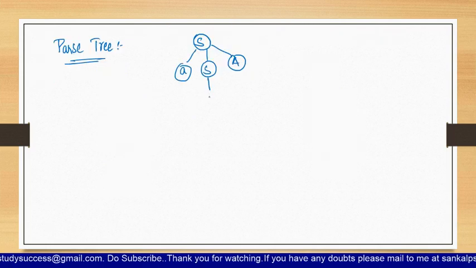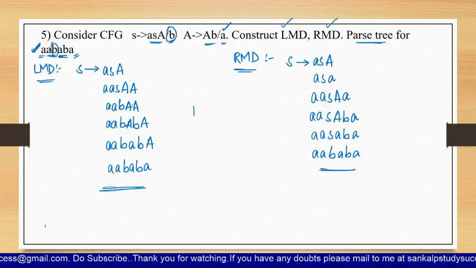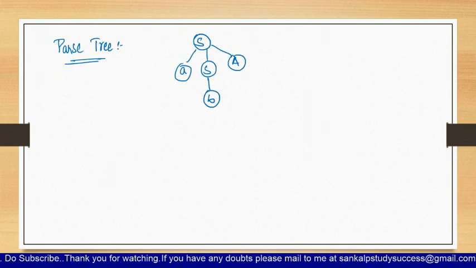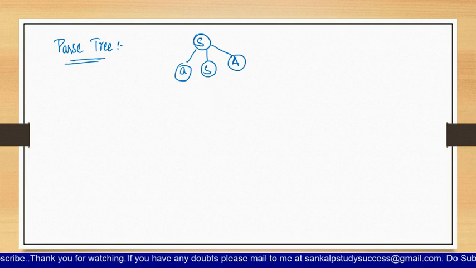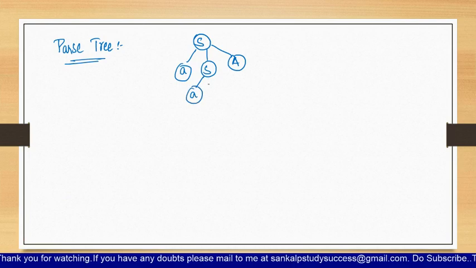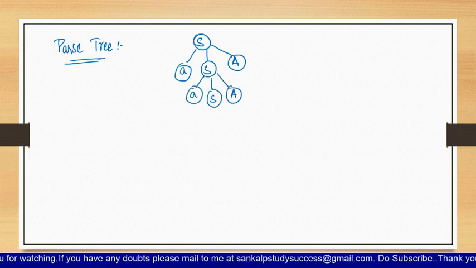So let us write it as small b here, and in the place of S, first in the first step we have substituted with ASA, then we have substituted with B, correct? So let us erase this, and in the place of S we have substituted again ASA, and in place of this small s we have substituted B here.